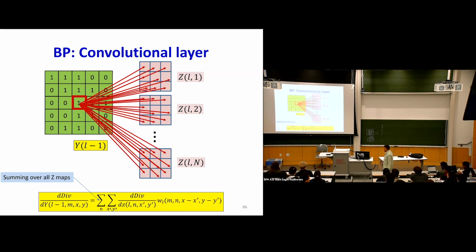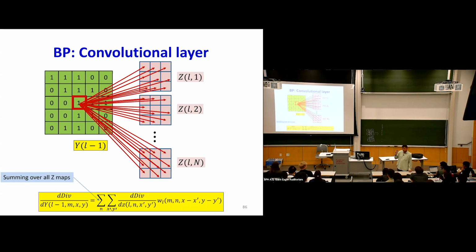That's just the distributed chain rule, which is simply going to be the weight at x minus x prime and y minus y prime, right? So if you simply implement this formula, you should be able to compute the derivatives of the divergence with respect to every element of the mth input channel.